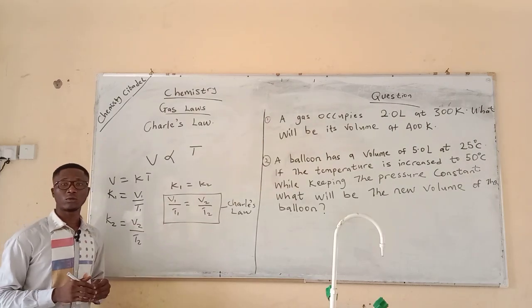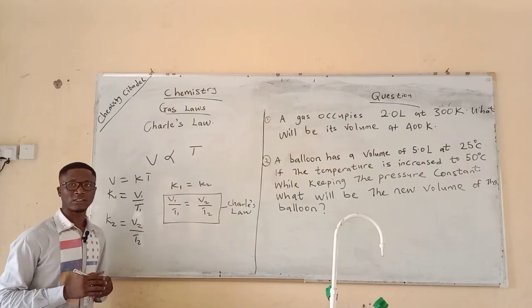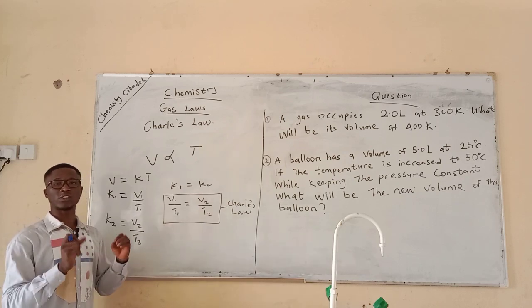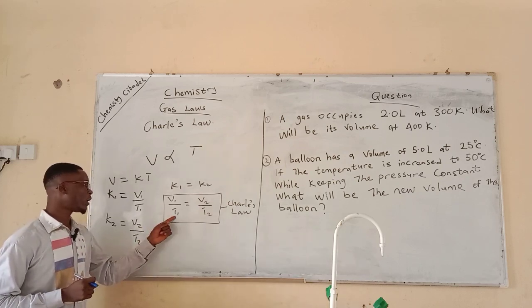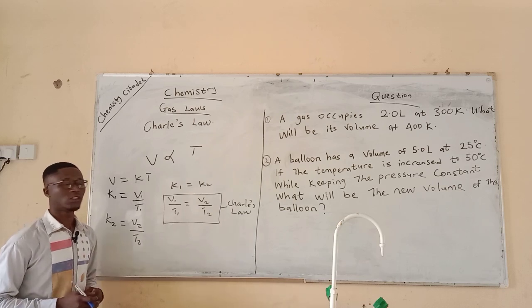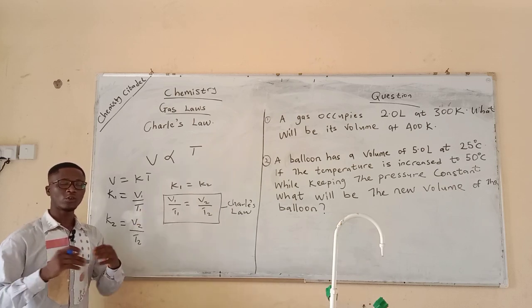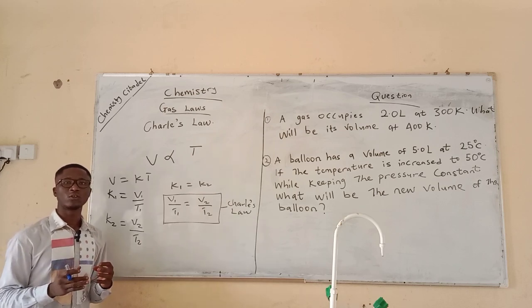So they are directly proportional. When the temperature is increased, the volume will definitely increase. And when the temperature is decreased, the volume will also decrease. Let me use a practical example for you.